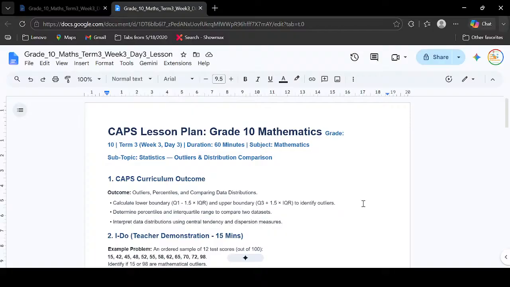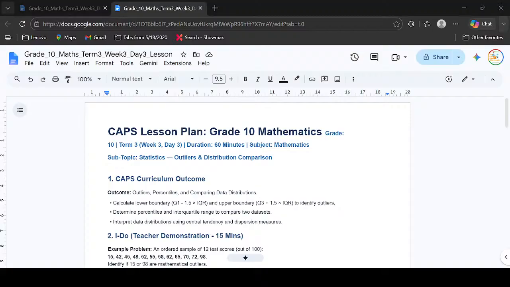Calculate the IKR. Q3 minus Q1. Multiply the spread times 1.5. Build the lower wall. Subtract from Q1, build the upper wall. Add it to Q. Lower fence, Q1 minus 1.5 times IKR.